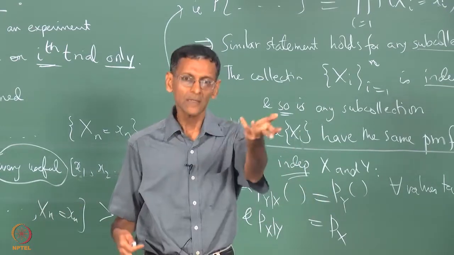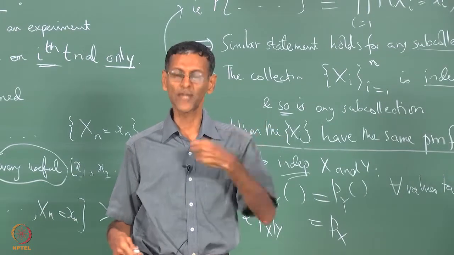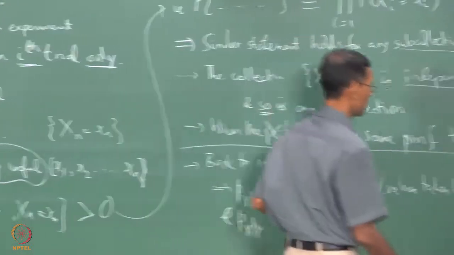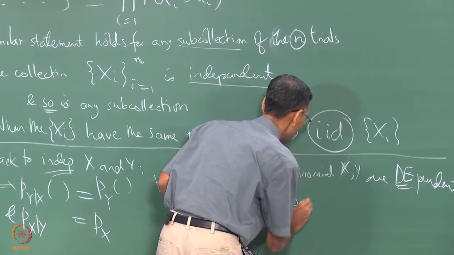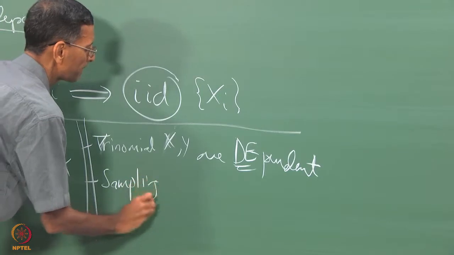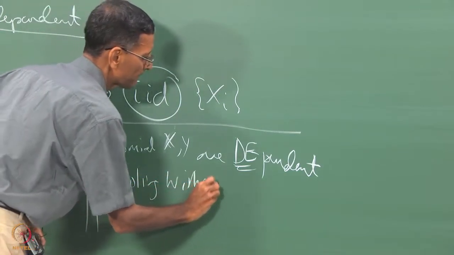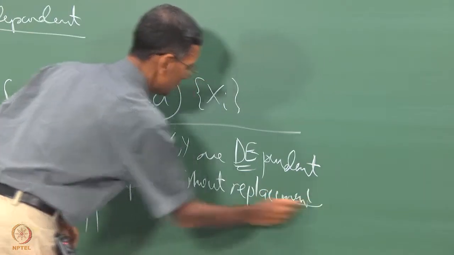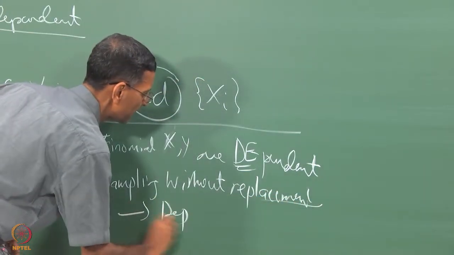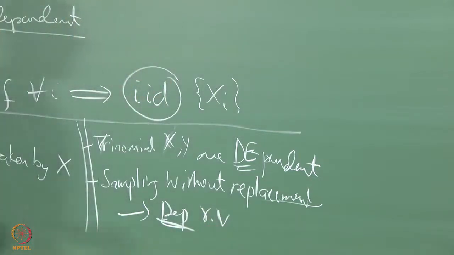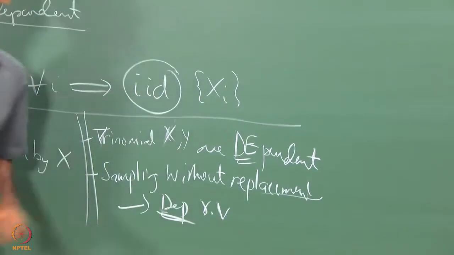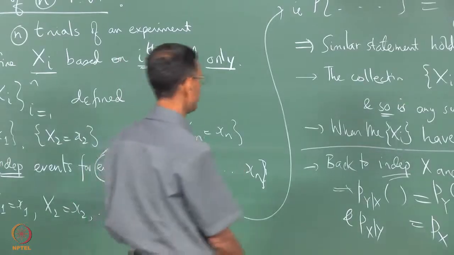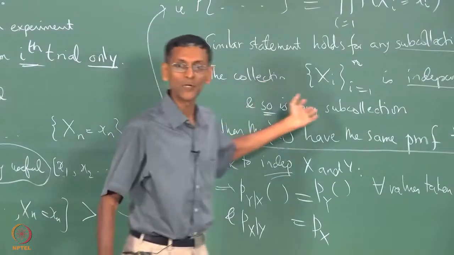Like for example, the other case that we studied, of drawing two numbers from 1 to n, sampling without replacement, so it gives you dependent. So we can always shrink independent to INDEP and dependent to DEP. Of course, IID is another very important acronym we will be using a lot.